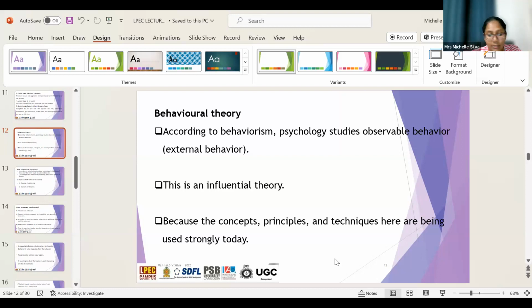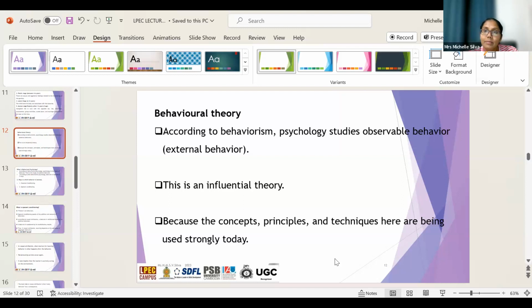Simply, J.B. Watson, B.F. Skinner, E.L. Thorndike, Ivan Pavlov. Those are the very prominent scholars who gave tremendous contribution to the development of the theory. Again, I will tell you: Ivan Pavlov, J.B. Watson, B.F. Skinner, and E.L. Thorndike.